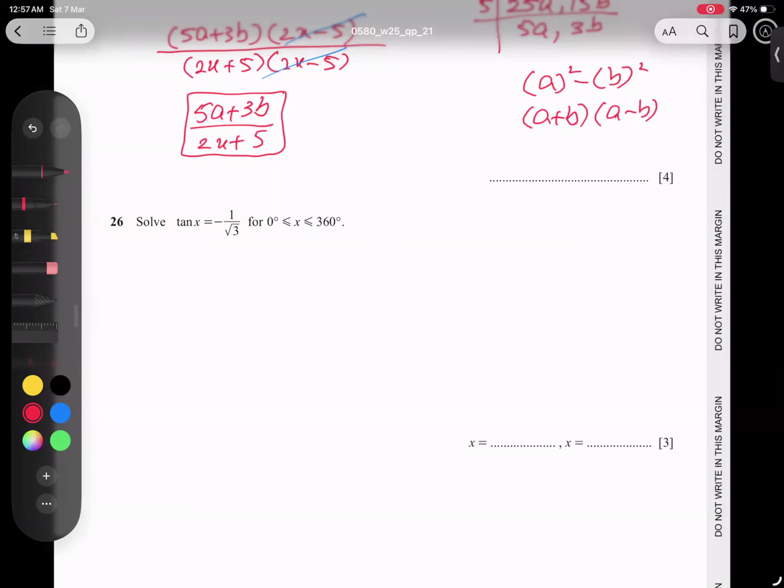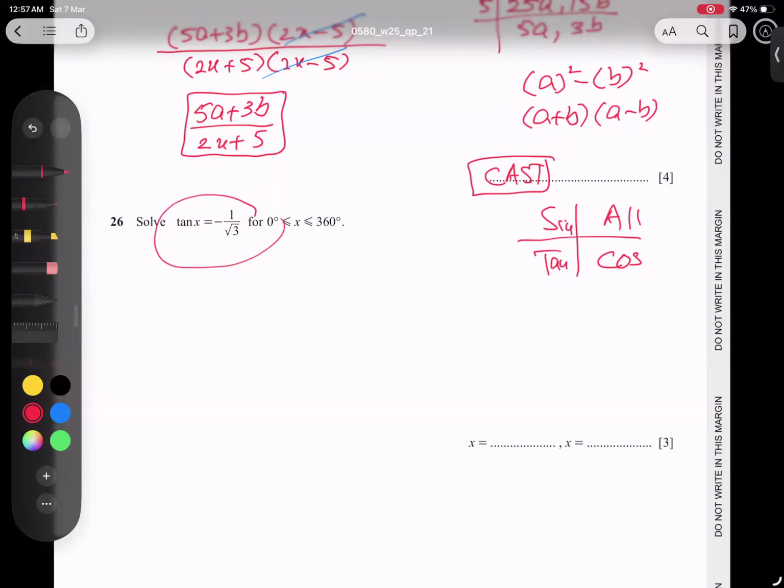Okay, what is the tan? We must know the CAST property for it. C for cos, A for all, S for sine, and T for tan. We have to look carefully. Tan is a negative sign. So where is tan negative?